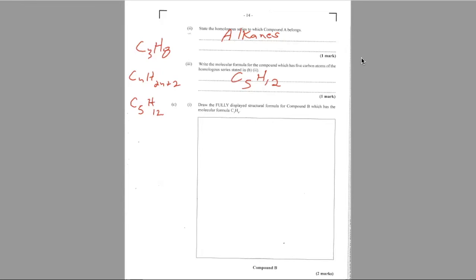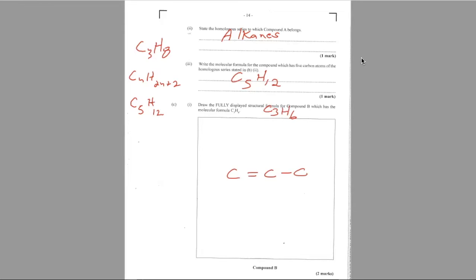Part C. Part 1 of C, draw the fully displayed structural formula for compound B, which has the molecular formula C3H6. So this is a different compound. This is from our alkenes, and there's a carbon-carbon double bond.